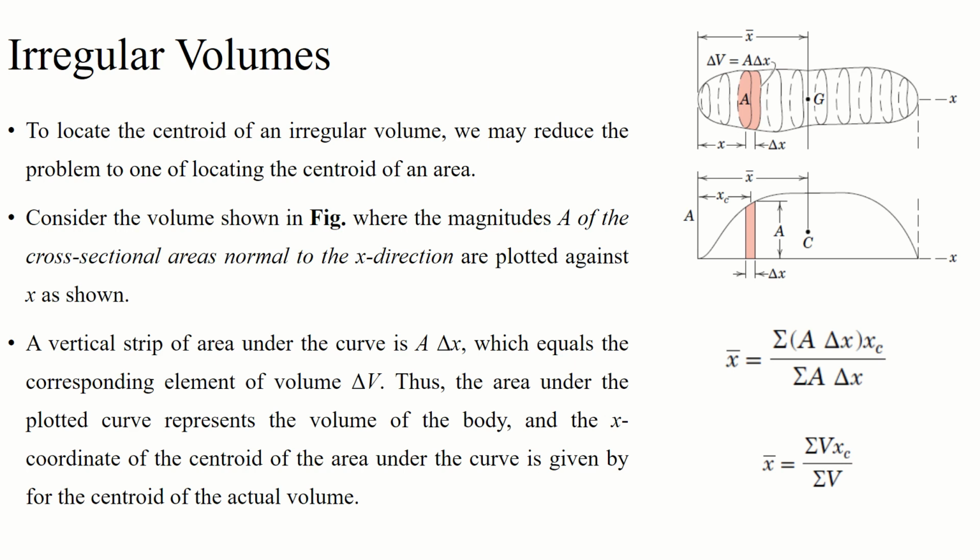Now we're going to talk about volumes. In a general way, we take a volume and slice it into small cross-sectional thin areas, and we can find for each area the centroid of that area, and based on the centroid of that area you can develop a curve, the position of the centroid of that particular area defined here as xc.